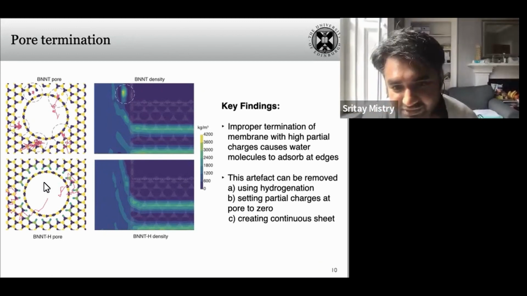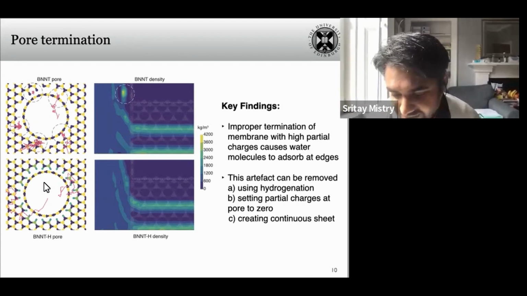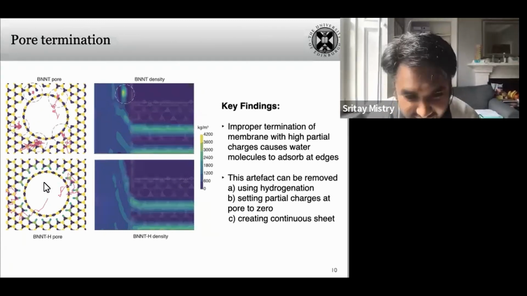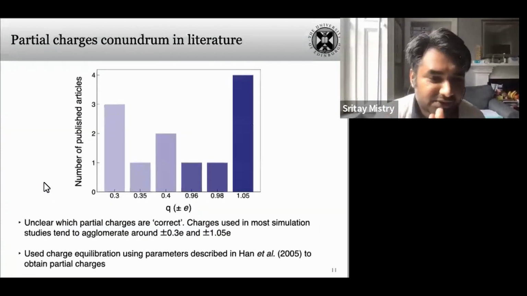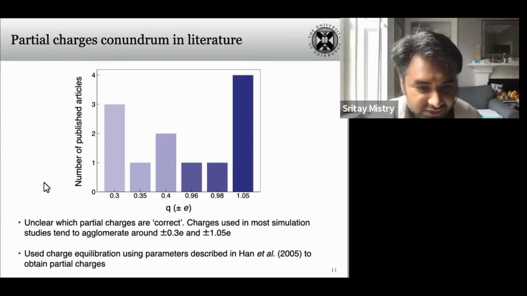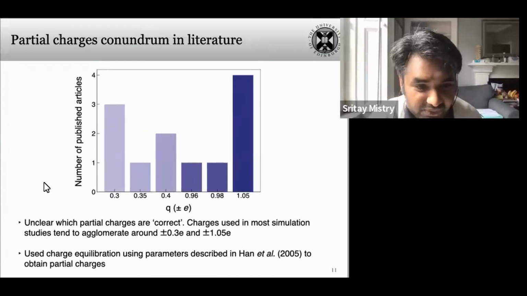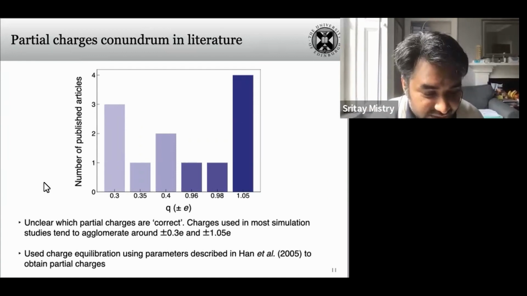So far we have discussed the end resistance, K1. Now we are going to discuss the nanotube flow resistance, which is the resistance inside the nanotube, K2. But before we discuss that, a bit about the partial charges. I've said that boron nitride has partial charges, but what partial charges we should put on the B and N atoms is again confusing in the literature. There are papers which use a value of 0.3.